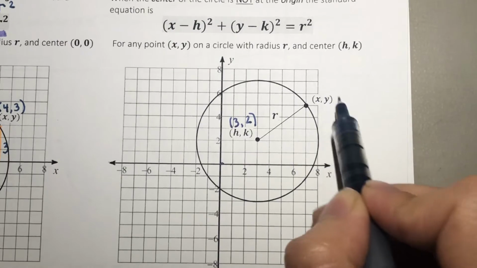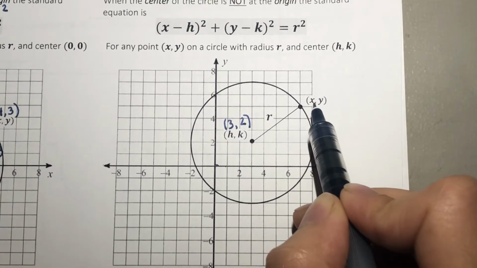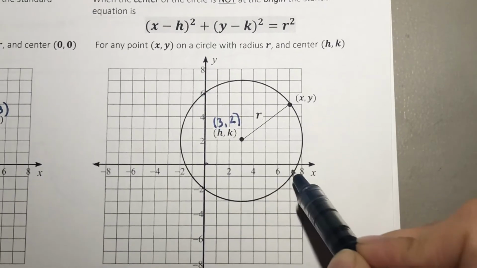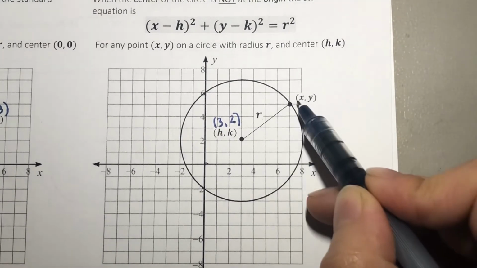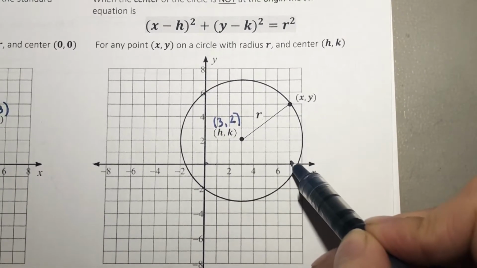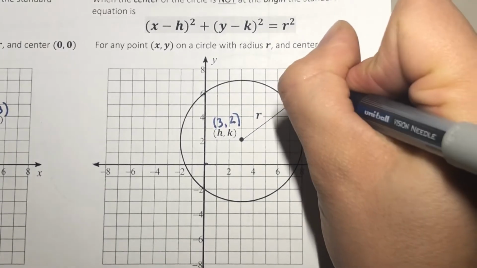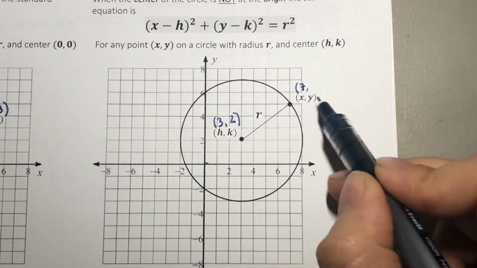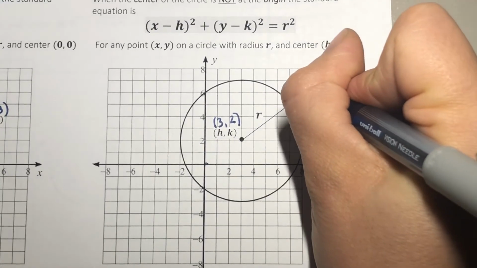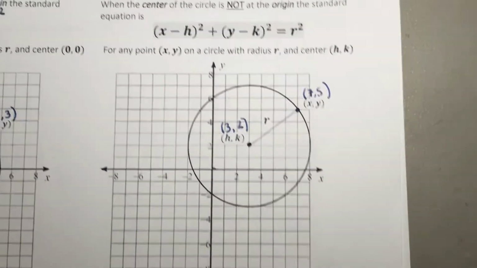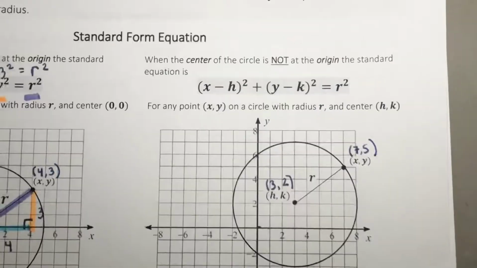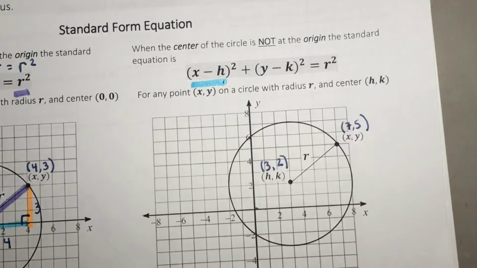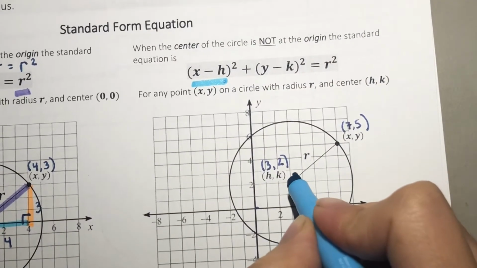And over here, this point with coordinates x, y, we can see that the x coordinate is 7. And the y coordinate is 5. Okay, so here, this first part of the equation, x minus h, represents this distance.